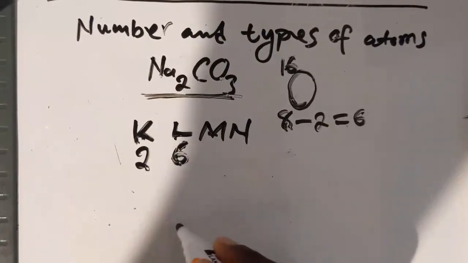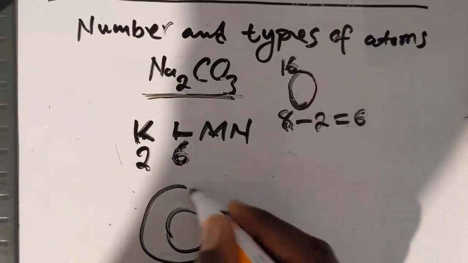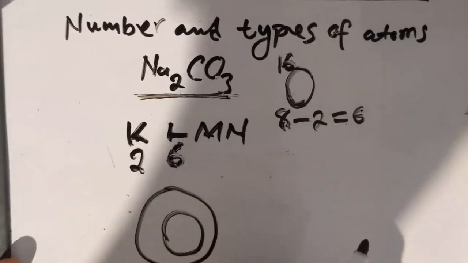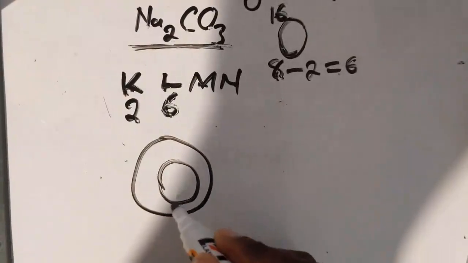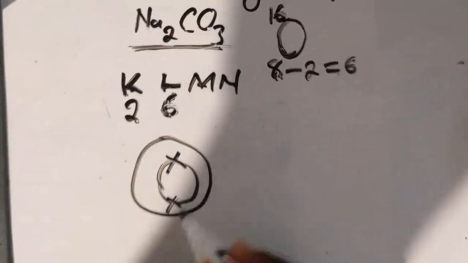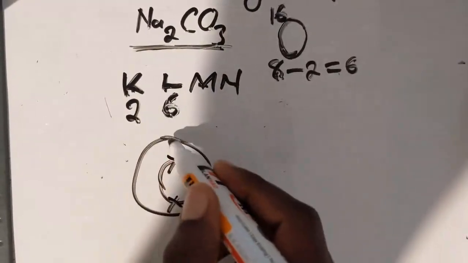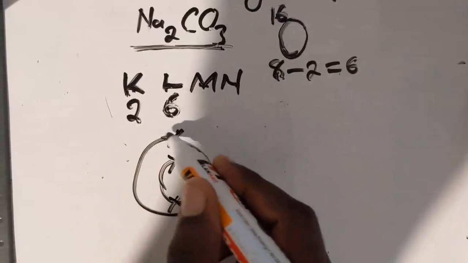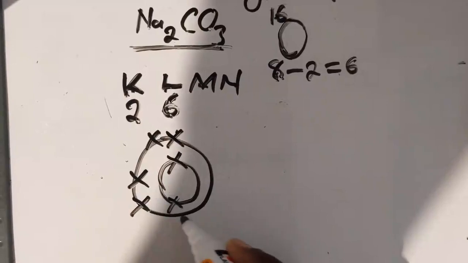So this is actually oxygen, the atom of oxygen, right? During bonding, you remember this first shell has to be full with just 2 electrons, and we have these ones, 1, 2, 3, 4, 5, 6.